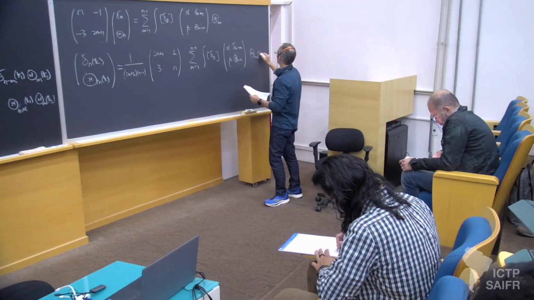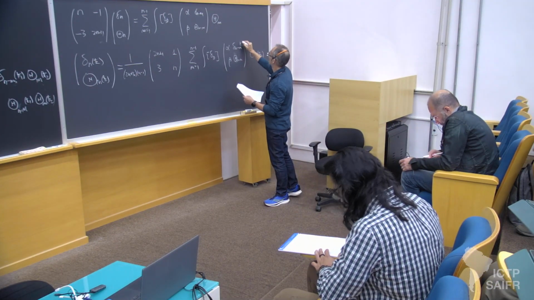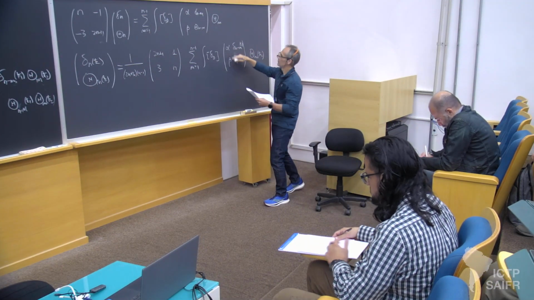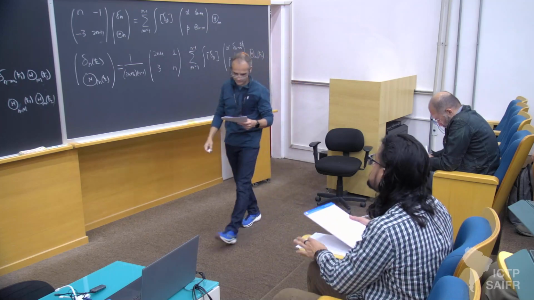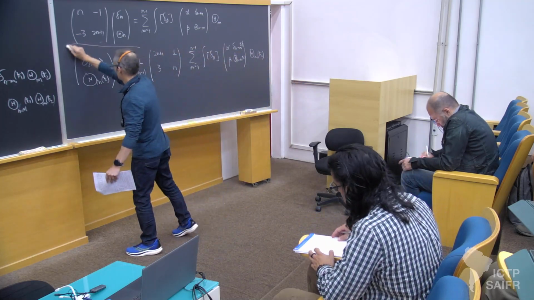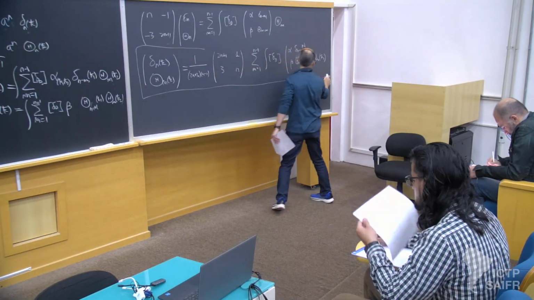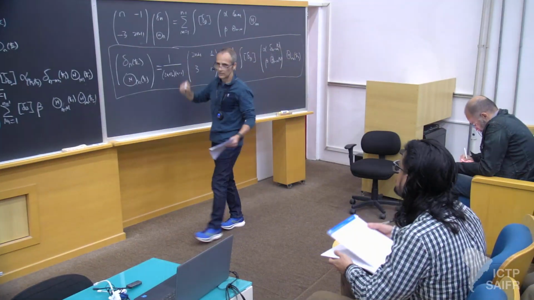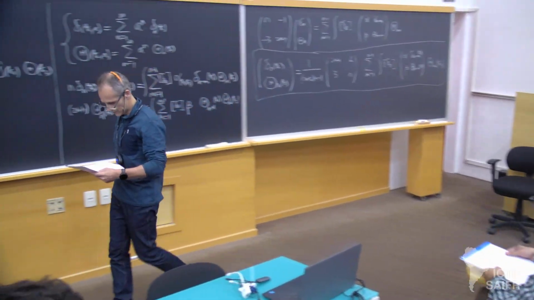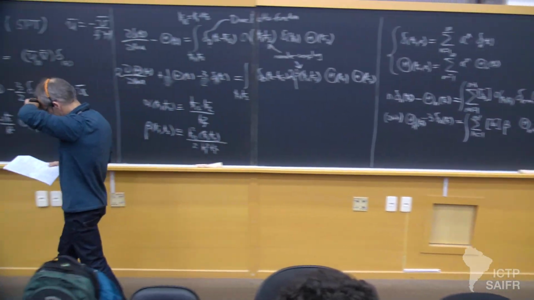So this is evaluated at K2. These guys are at K1. And alpha and beta are functions of K1 and K2. So this is the famous recursion relation for solutions to arbitrary order in perturbation theory.